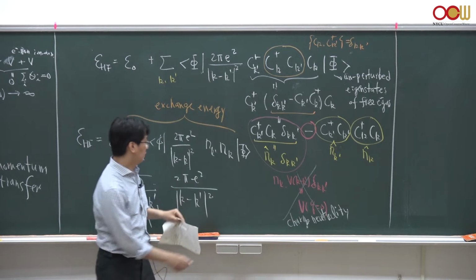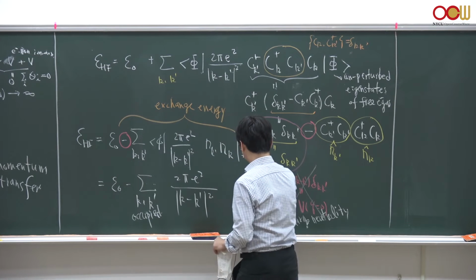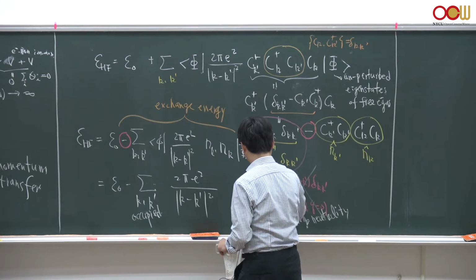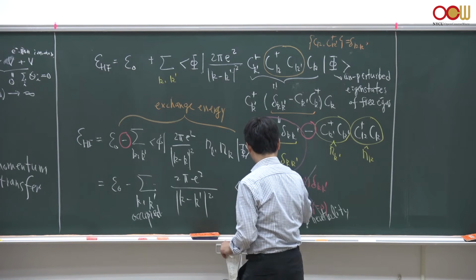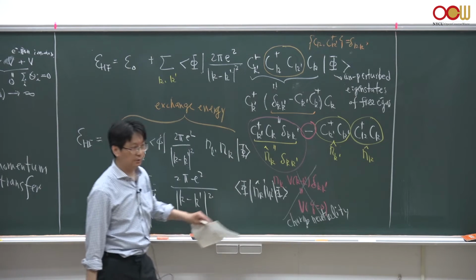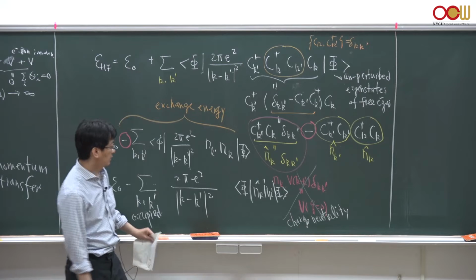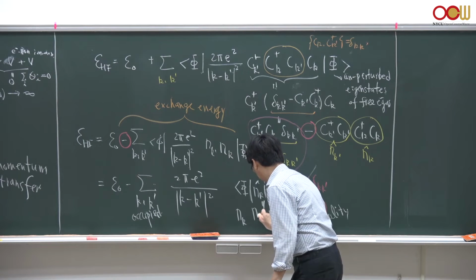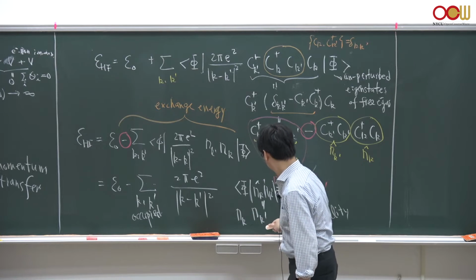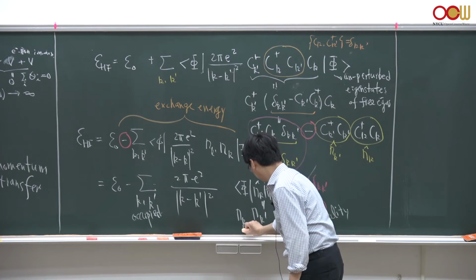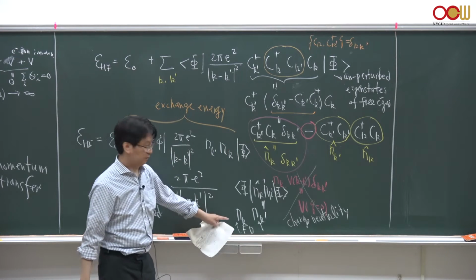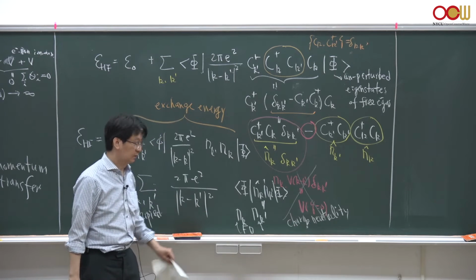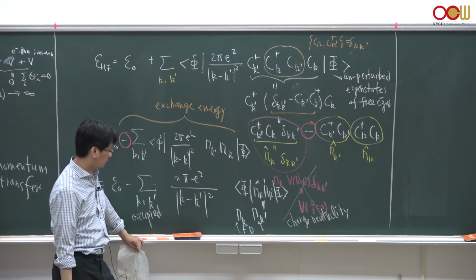So if you evaluate this matrix element, n k and k prime sandwiched by these non-perturbed eigenstates, you will get simply Fermi-Dirac n of k times n of k prime. So this is Fermi-Dirac. This is precisely what we look for.